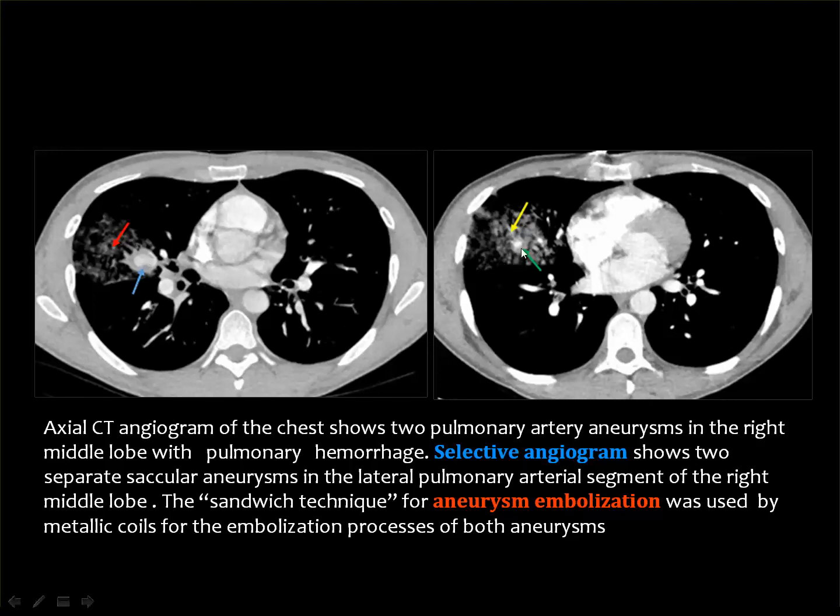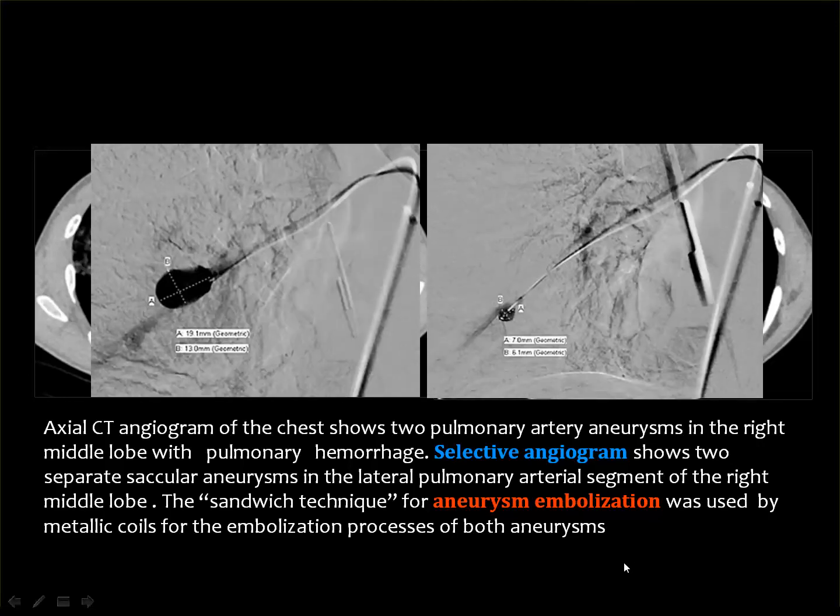Either this aneurysm has bled with the resultant pulmonary parenchymal hemorrhage in the vicinity of the aneurysm, or this is a pulmonary inflammatory disease that has weakened the arterial wall, resulting in the development of an inflammatory aneurysm. Of course, the diagnosis will depend very much on the clinical picture of the patient.